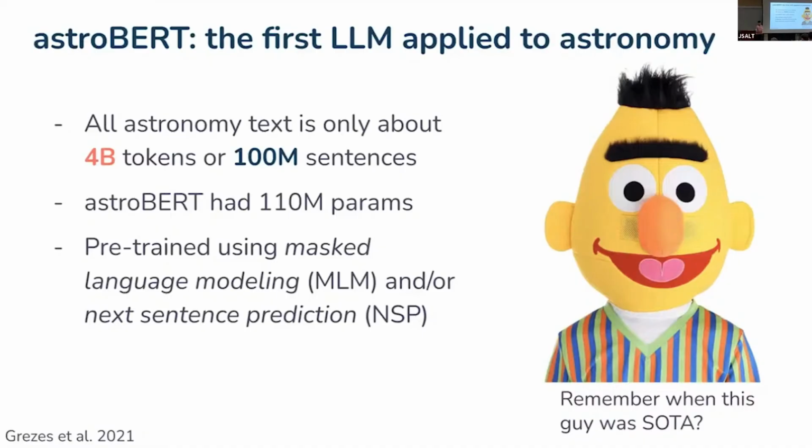So 4 billion tokens across all of astronomy really is not that much. It's worth keeping that in mind when we think about different techniques to pursue NLP or large language models for astronomy.